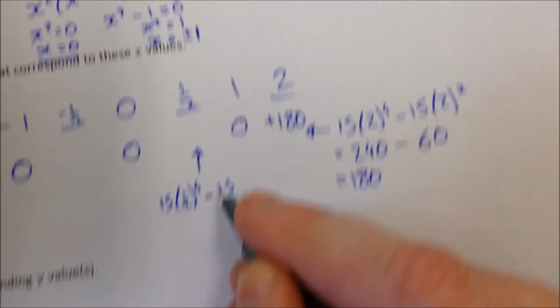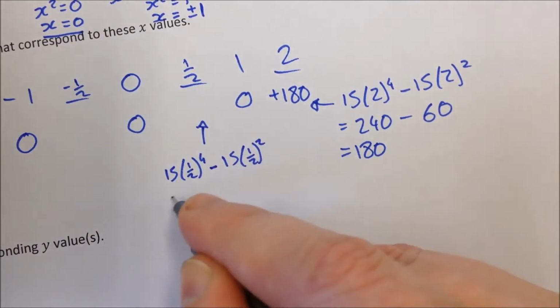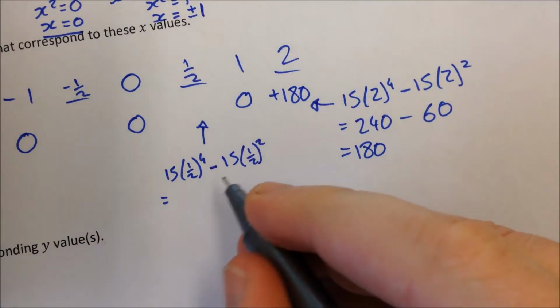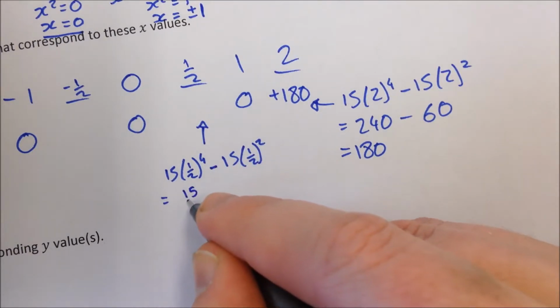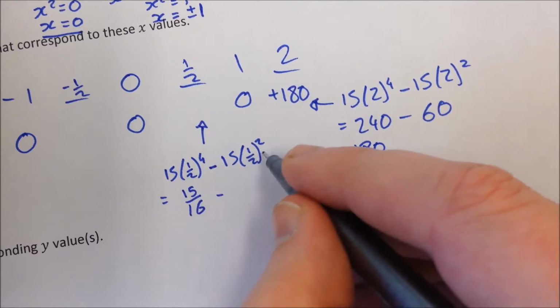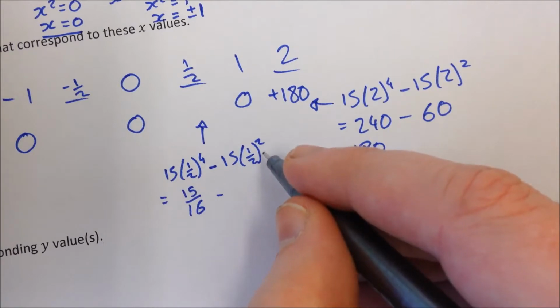Take away 15 lots of 1/2 squared. So 1/2 to the power 4 is a 16th, so that will be 15 16ths. Take away, and 1/2 squared is a quarter, so it'll be take away 15 quarters.